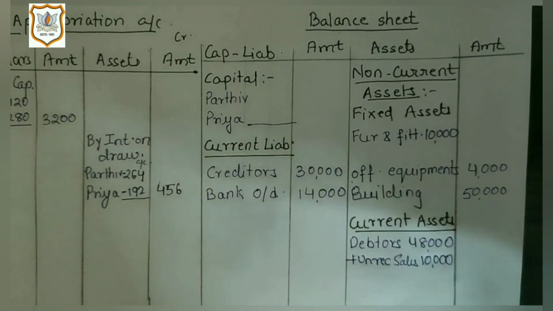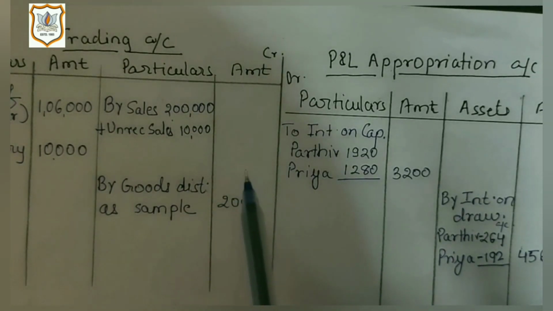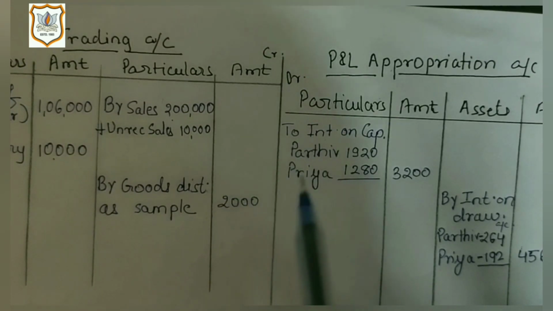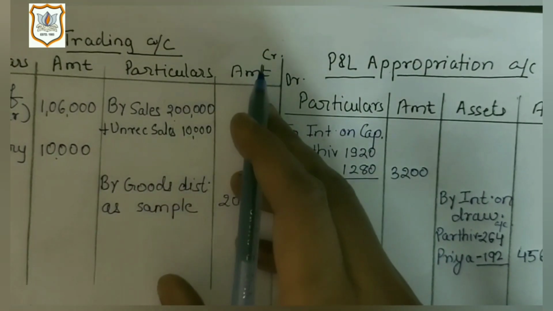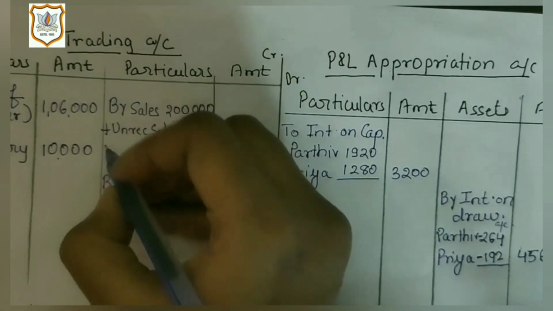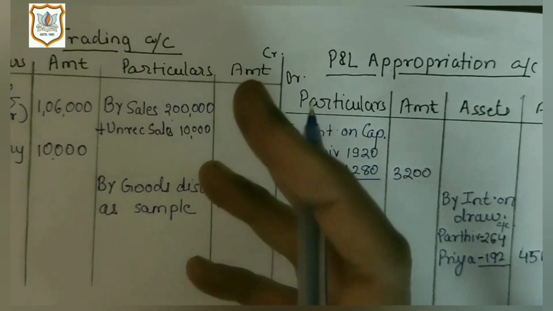Now next one is total of sales book of March is overcast by rupees 2,000. See, overcast means it is showing more or excess amount than the correct one. In spite of being an adjustment, it will have only one effect, as only one account is getting affected due to this mistake, and that is sales account. So we will write here on credit side of trading account, we will deduct it from sales as it is showing more or excess amount than the correct one.